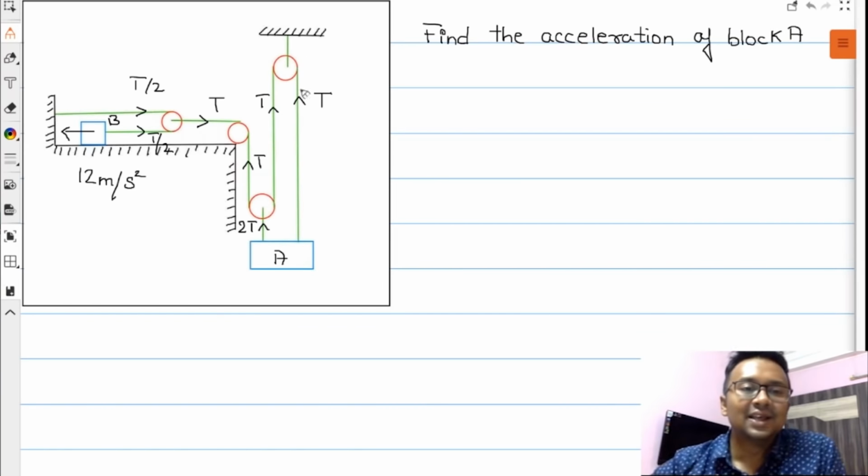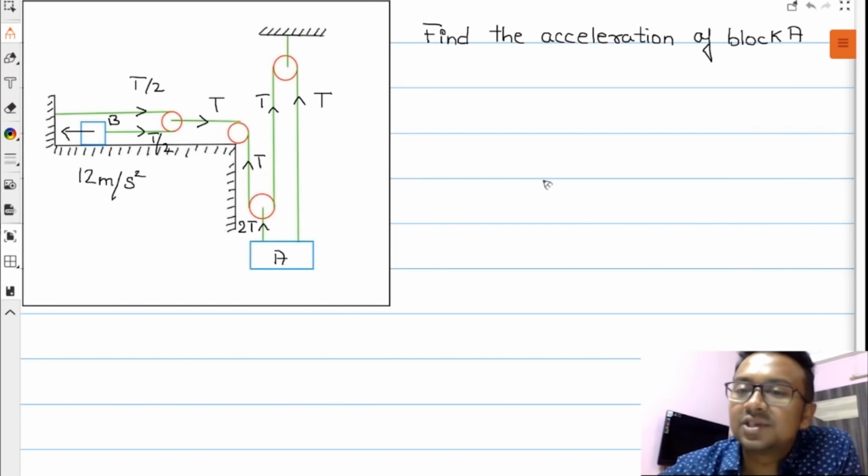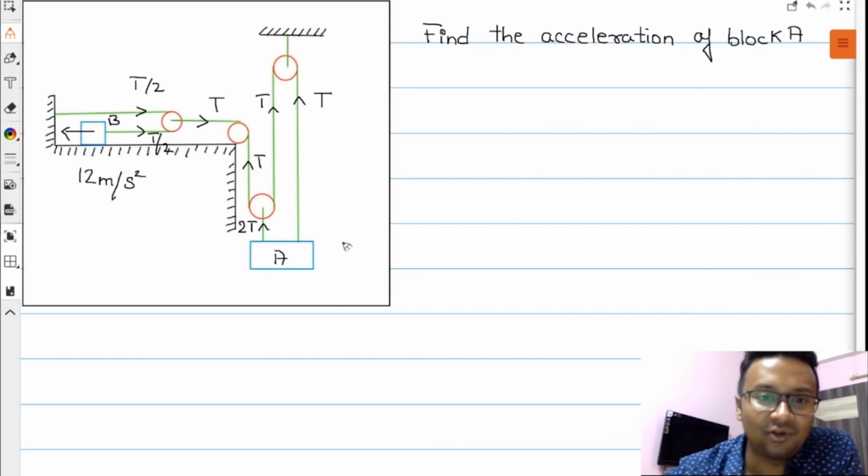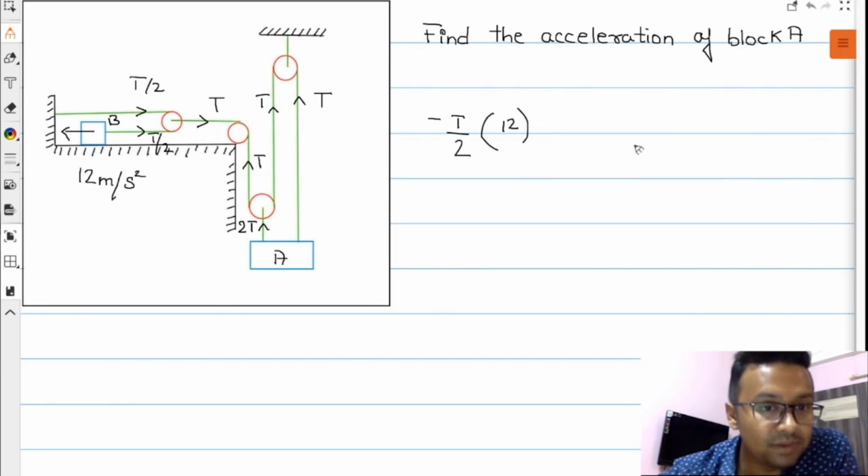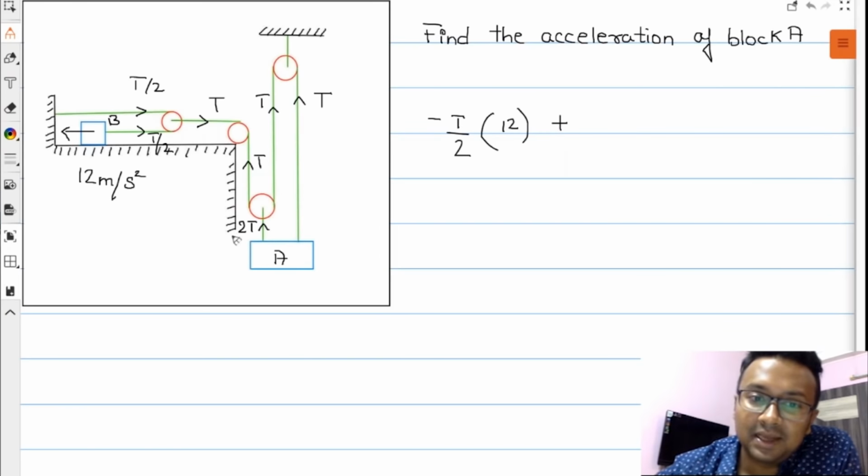Right, students? So once we know the distribution of the tension, all tension is taken care of. So here with respect to this block, it becomes minus T by 2 into 12, because they are in opposite directions. They have asked us the acceleration of A, plus what is the total tension acting out here, my dear students?